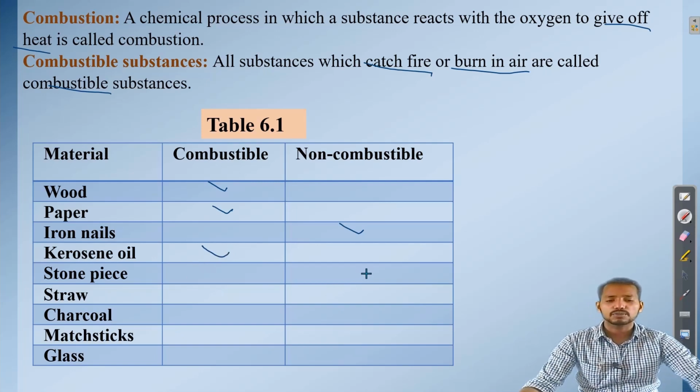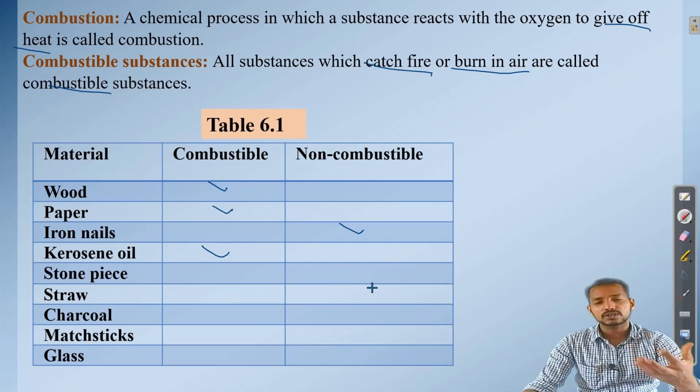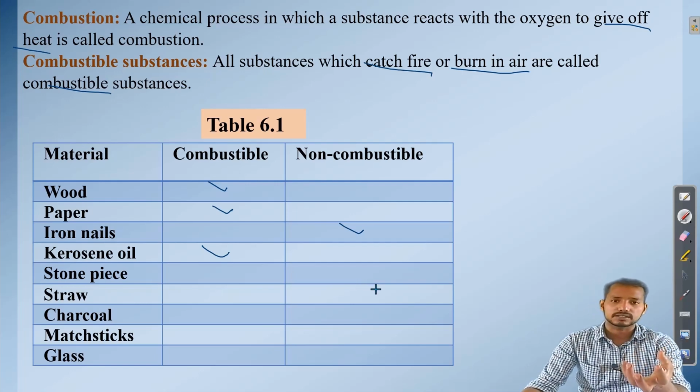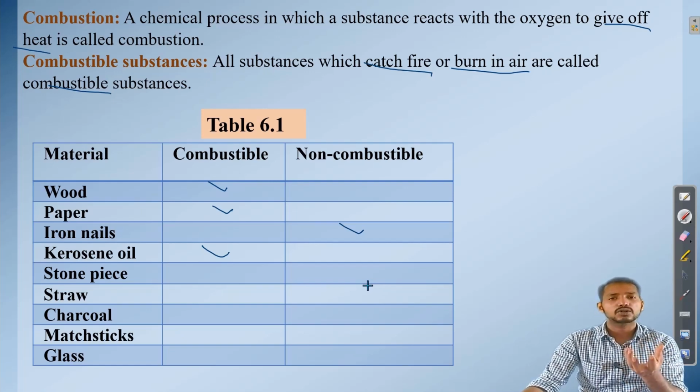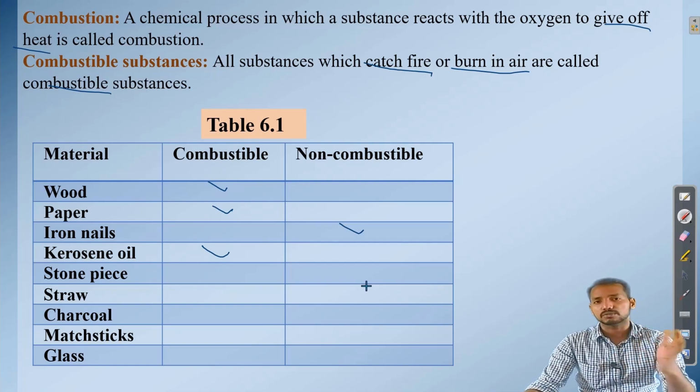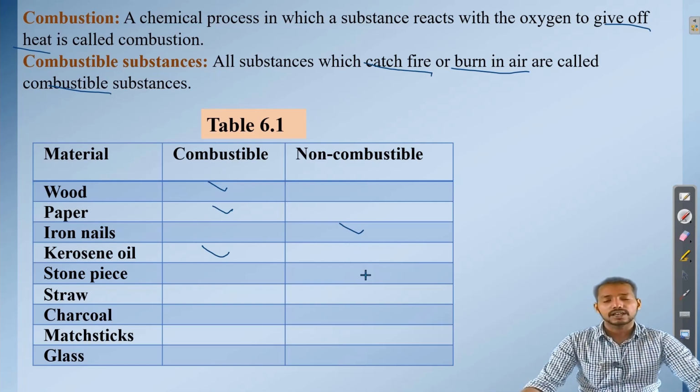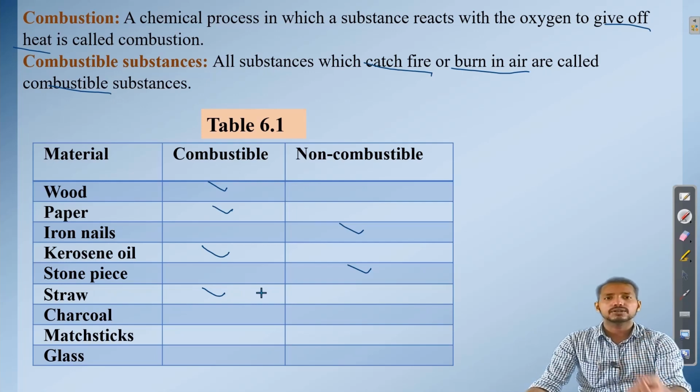Stone piece. If you try to burn a stone piece, as we give more heat to that stone, the temperature of the stone will increase, but it is not going to burn. That means it never reacts with oxygen in the way combustion takes place. So it is a non-combustible substance. What about straw? Straw will easily burn because just the flame of a burning matchstick is enough to burn straw.